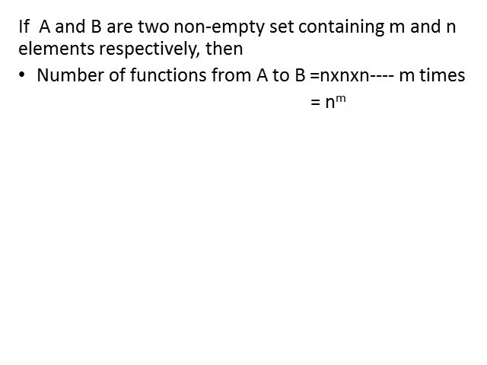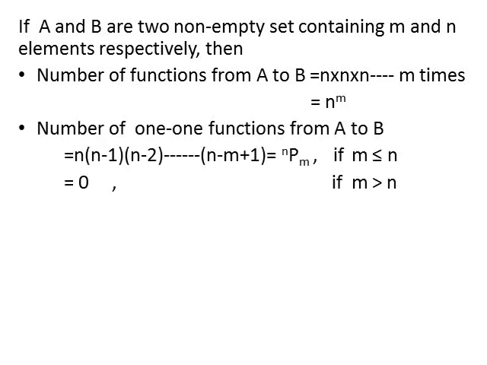Next, how to find the number of 1-1 functions from A to B. In case of a 1-1 function, for every element of set A, there exists a distinct element in set B. So for the first element of set A, we have n options in set B. But for the second element, we have only n - 1 options. And for the third element, we have n - 2 options. And so on.